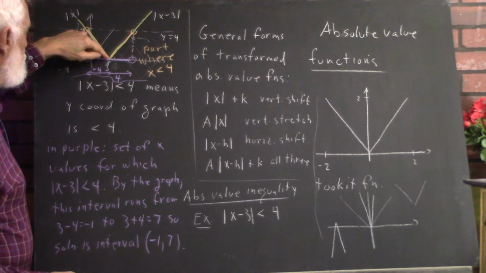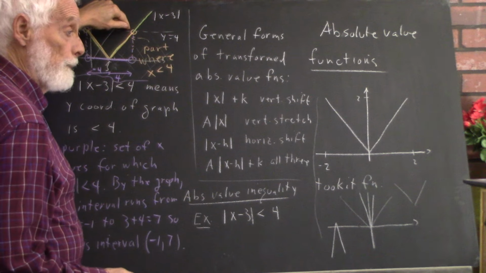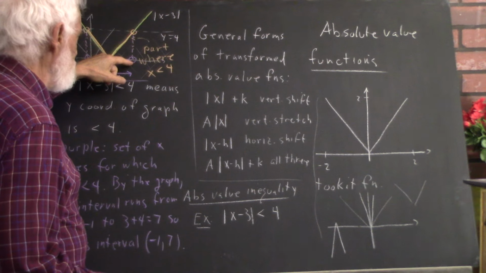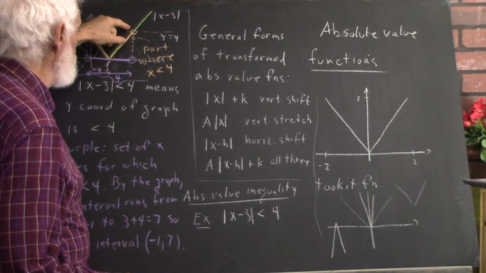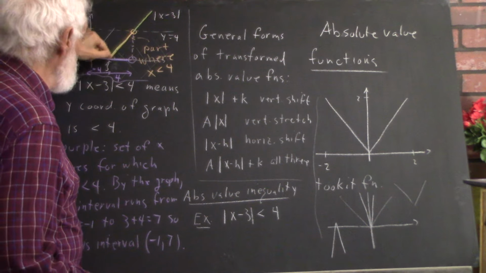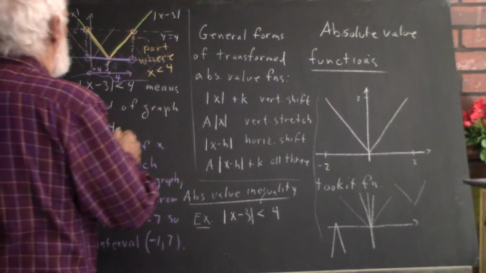Okay, so x equals 3 here. The slope of this graph is 1, and the rise from the x-axis up to y equals 4 is 4, which means that the run here also has to be 4, so that the rise divided by the run is 1.